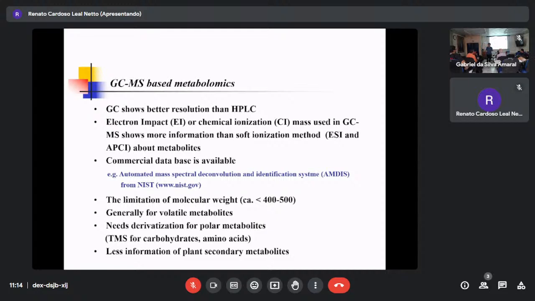Even after chemical derivatization, the boiling point is high. Why? Because in the GC column it is almost a vacuum.